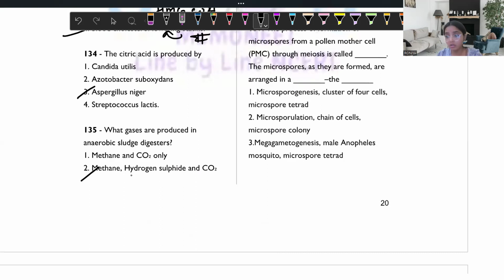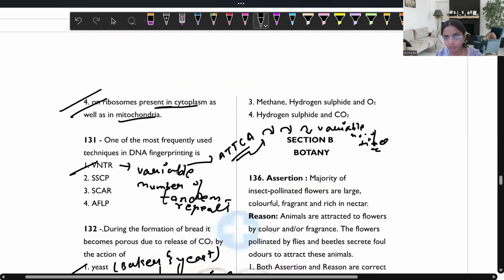The gases produced in anaerobic sludge digesters are methane, hydrogen sulfide, and carbon dioxide. Understood?